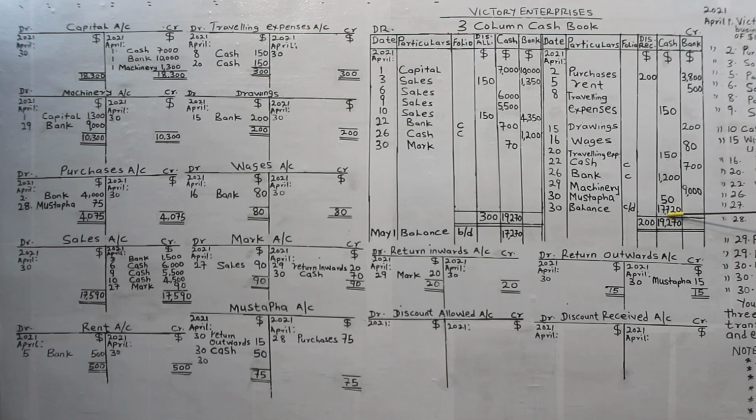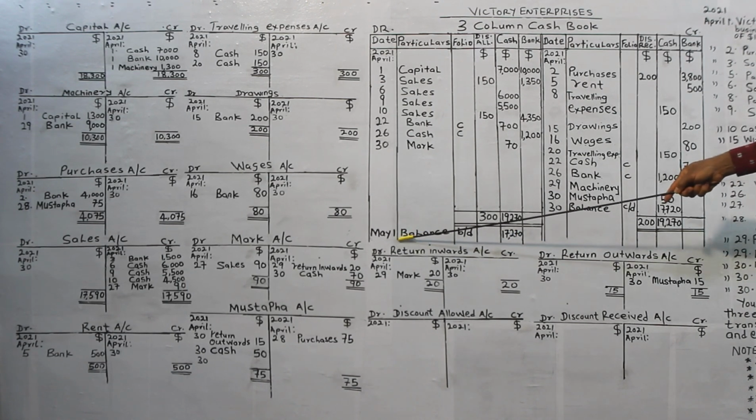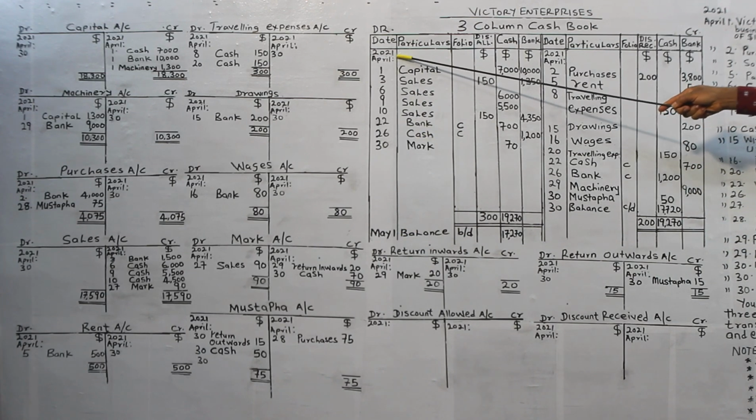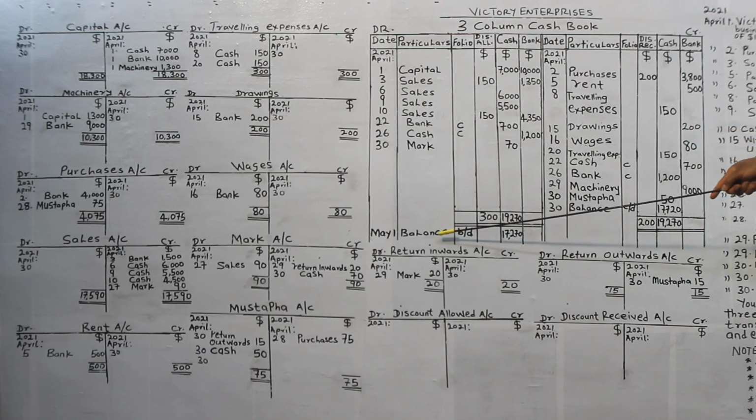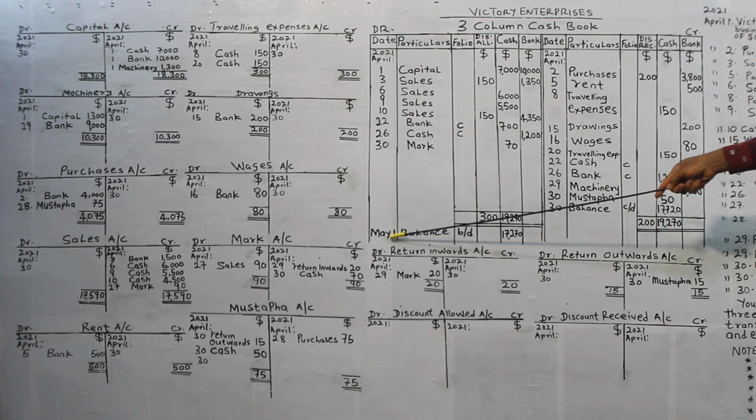Then the balance carried on of 17,720, representing the amount that was used to balance the account, will now be given back to the cashier and shown still under the cash column on May 1st, 2021 as balance brought down on May 1st.